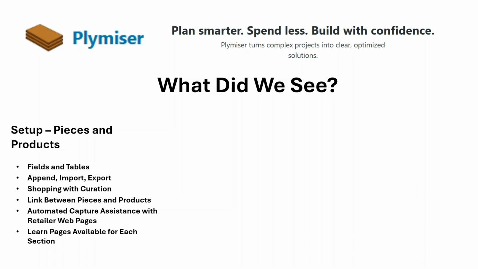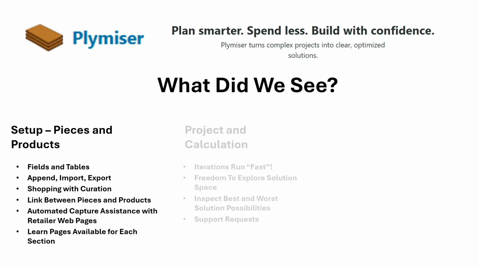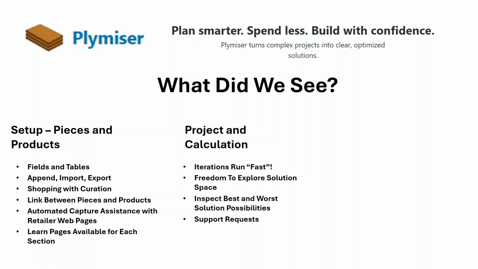And we took a quick look into how PlyMiser links its Learn pages to your project. So at any time, you can go out and click on Learn. We got a quick view of how PlyMiser's calculations are performed and the few parameters that you have to specify in order to get these calculations to run.